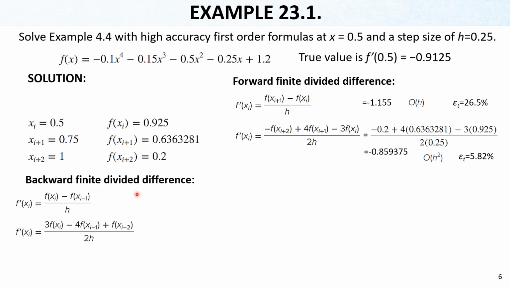Let's use the backward finite divided difference formulations. In this case, because we have xi here, and we will have x(i-1) and x(i-2), we will subtract the h value from this to get i-1 and i-2. So these are the values, 0.25 and 0, of course, when you subtract from this.